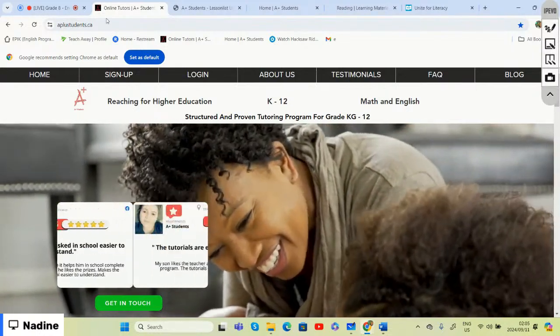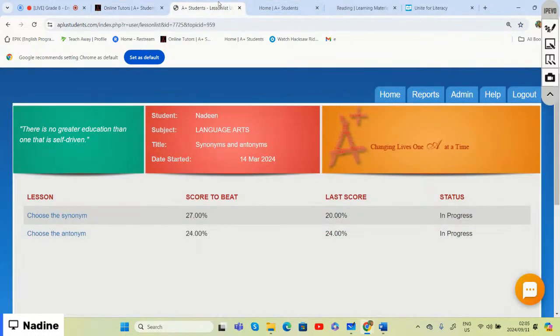And then we're going to scroll down until we get to the chapter of synonyms and antonyms.